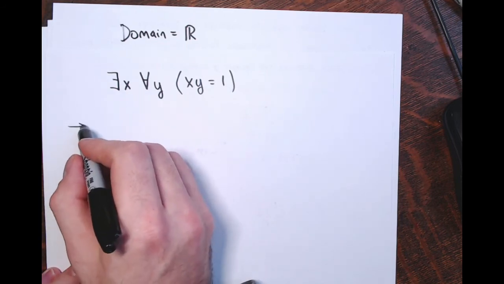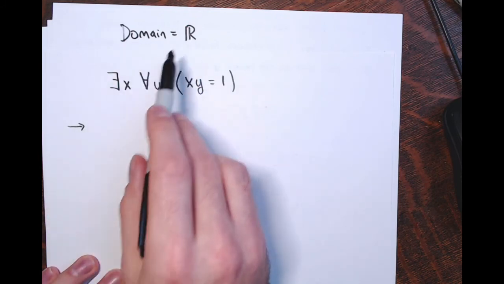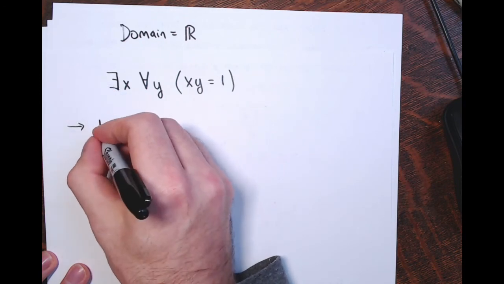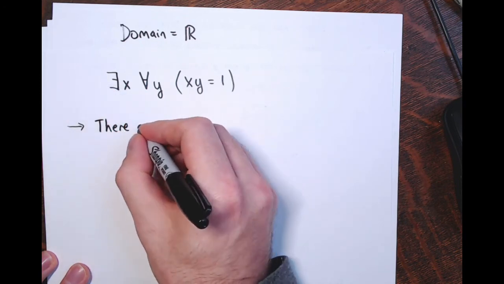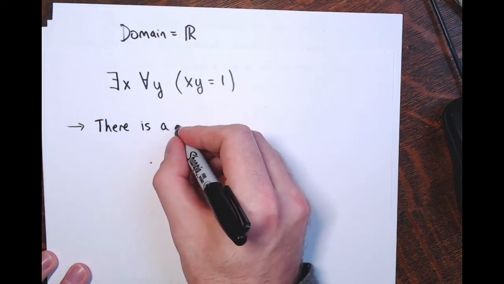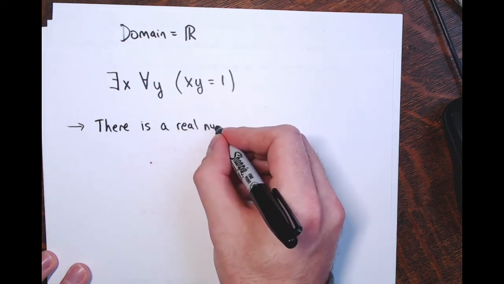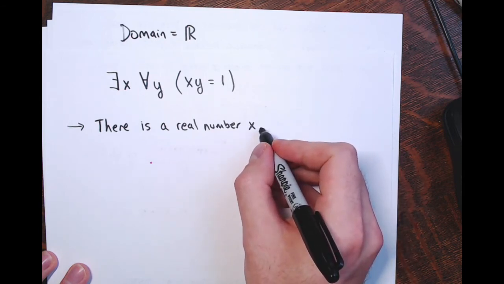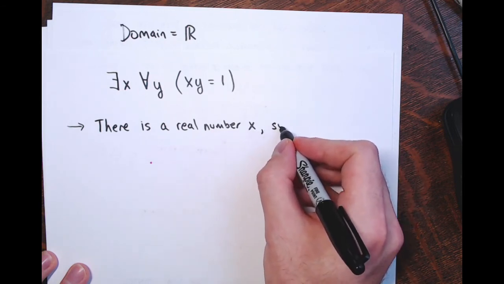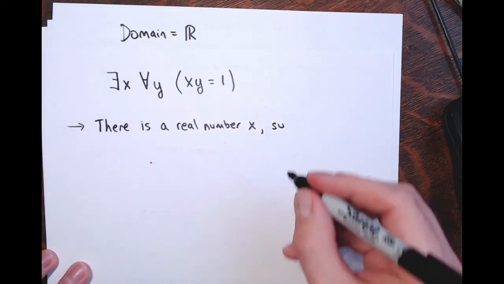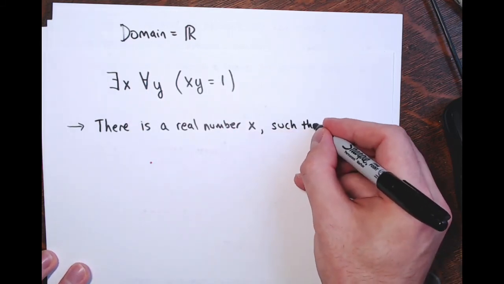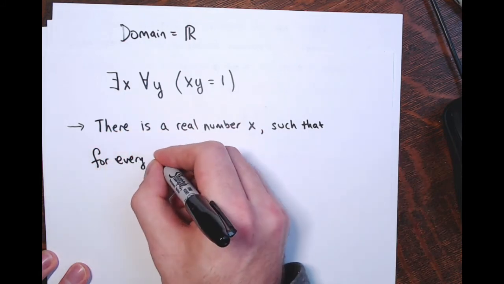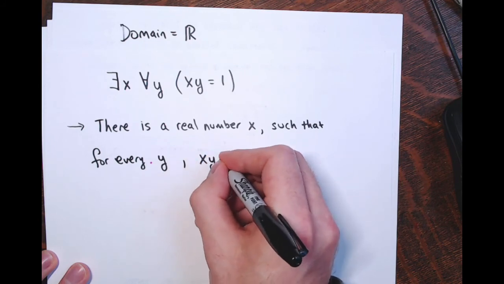So in English, this means, again, the domain's all real numbers. This says that there is a real number called x such that for every real number y, x times y equals 1.